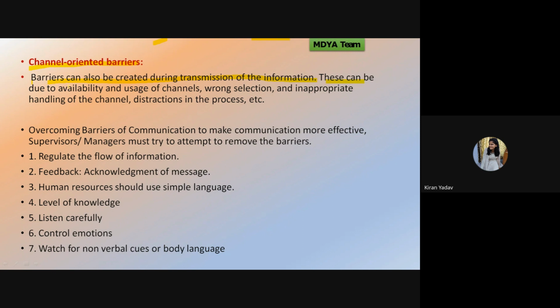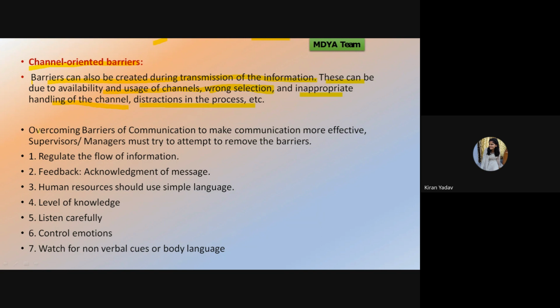These can be due to availability and use of channels, and wrong selection. If we select the wrong channel, then this can also be a barrier. Inappropriate handling of the channel, distraction in the process, etc. These are channel oriented barriers.